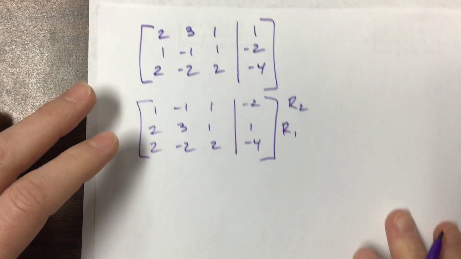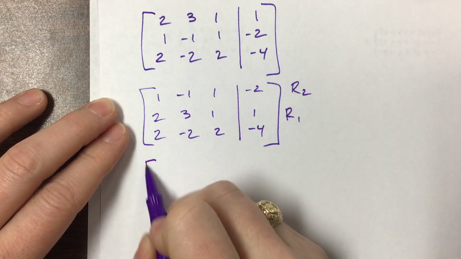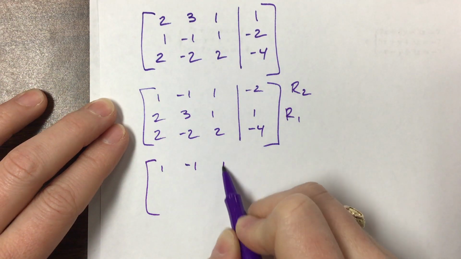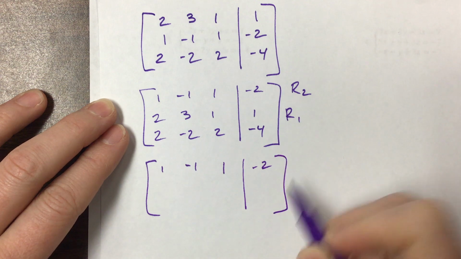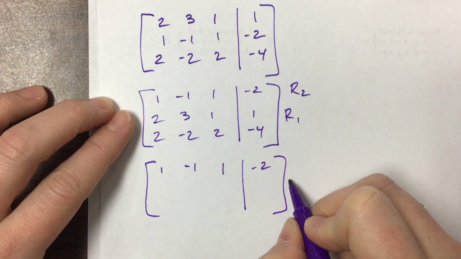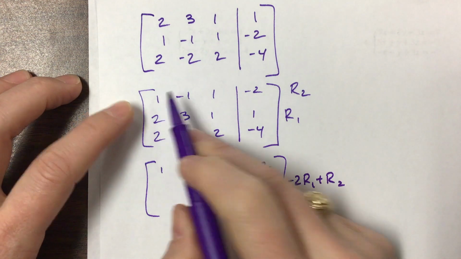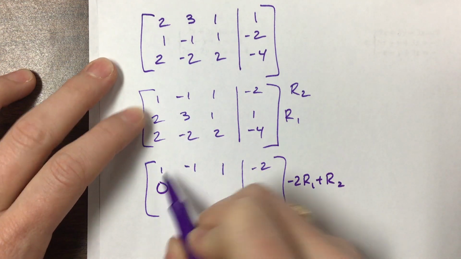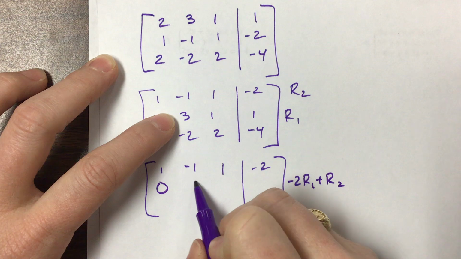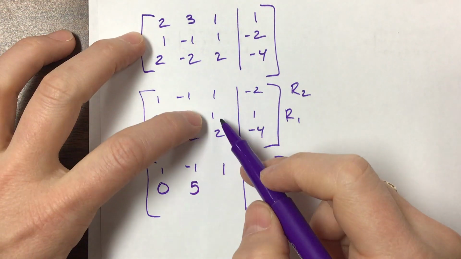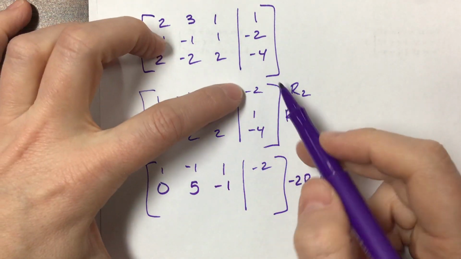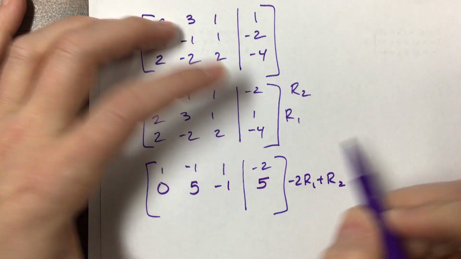I just switched those. Okay, so now I can multiply, I'm going to keep this top row. And I'm going to multiply -2 times row 1 plus row 2 to get rid of this. So -2 plus, that's a 2 plus 3 is 5. -2 and a 1 is a -1. +4 and 1 is 5.